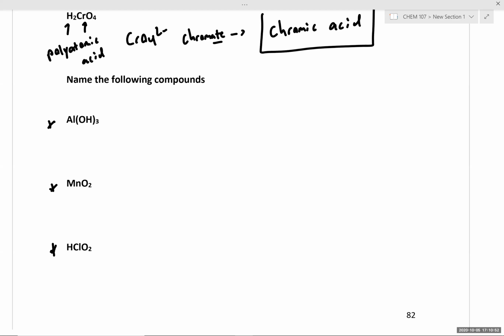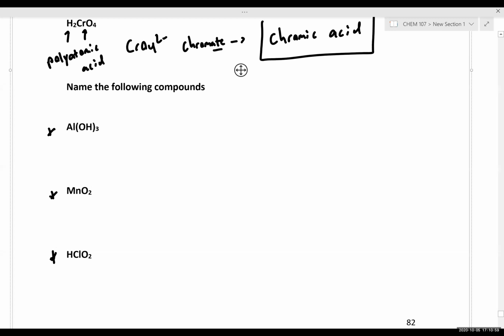Remember, your first order of business is to classify your compounds. Once you have your compounds classified, then you can name them following the nomenclature rules that we discussed in this chapter.